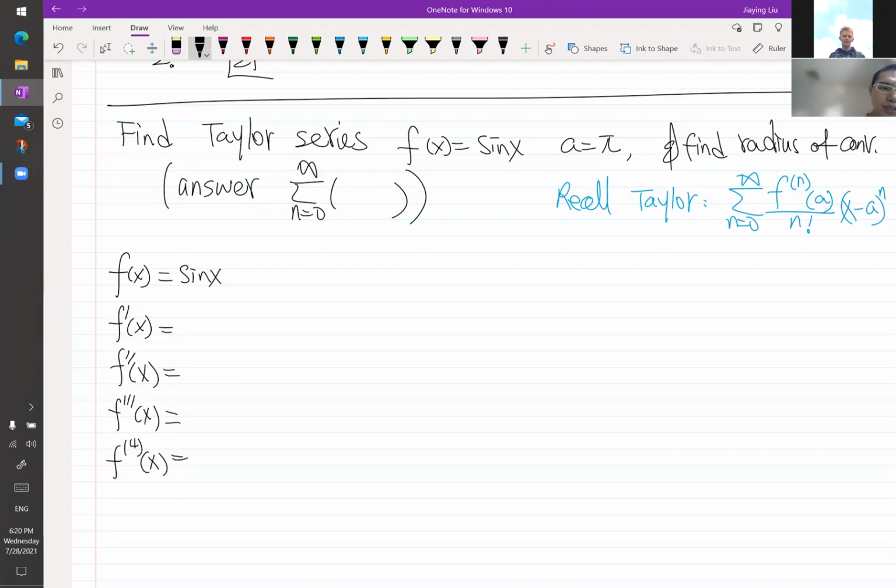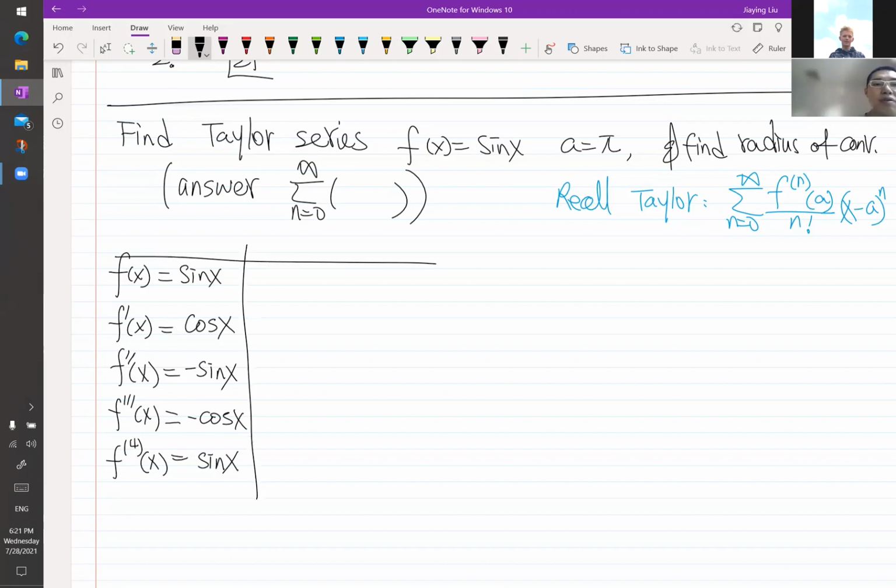So f of x equals sine x, the derivative will be cosine x. The derivative of that will be negative sine x. The derivative of negative sine is negative cosine. And then the next derivative will be positive sine again, right? It's the negative of negative sine.